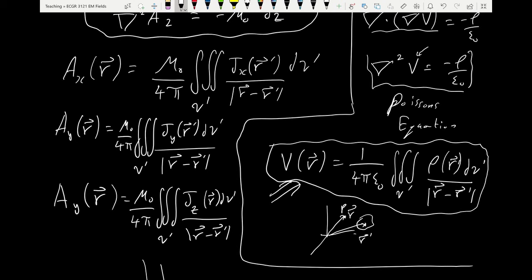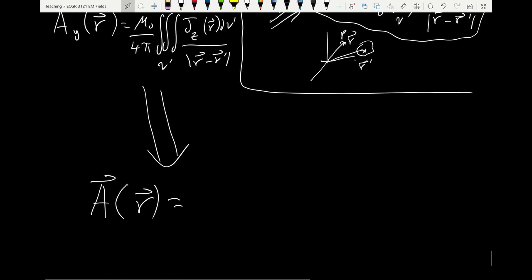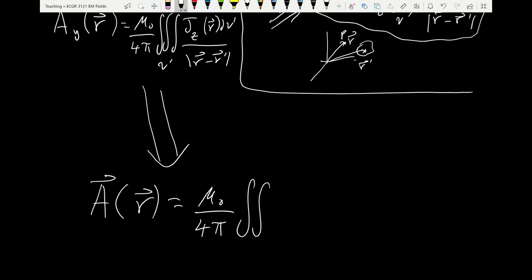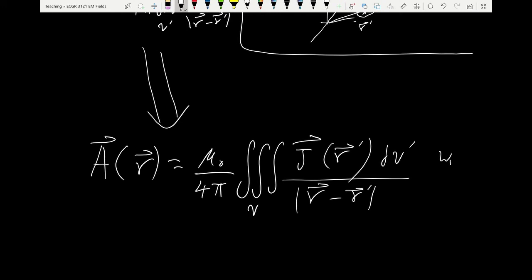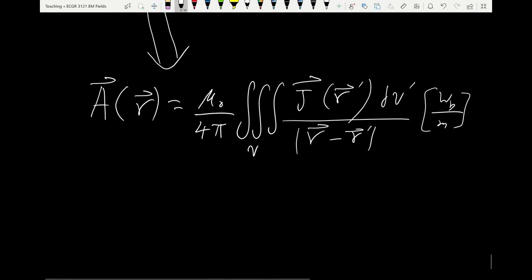So I can move them in and then I sum up the vector J. So I get this expression: A(r) = μ₀/4π ∫ over the volume of J(r′) dV′ over |r − r′|, Weber over meter. And this is A as found from Ampere's law.